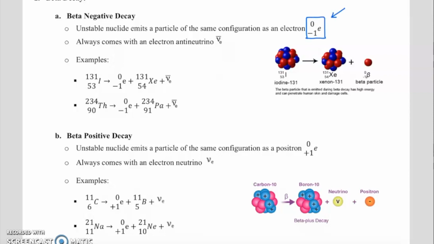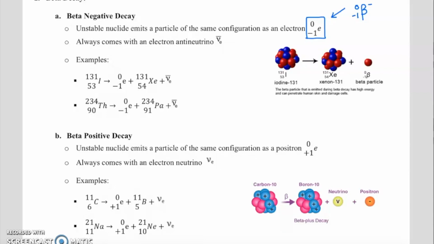Sometimes we write an electron as beta negative. This is implying a 0, -1 configuration. Beta negative and an electron are really the same thing. Again, the whole point here is for that nucleus to emit a particle so that it can become more stable.